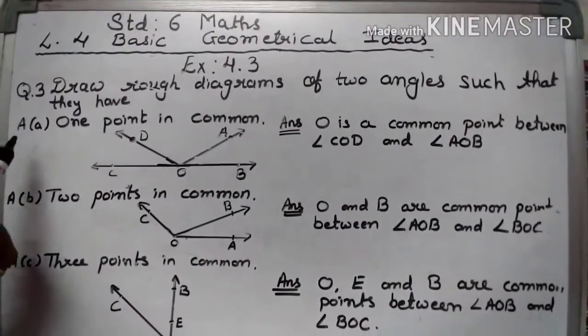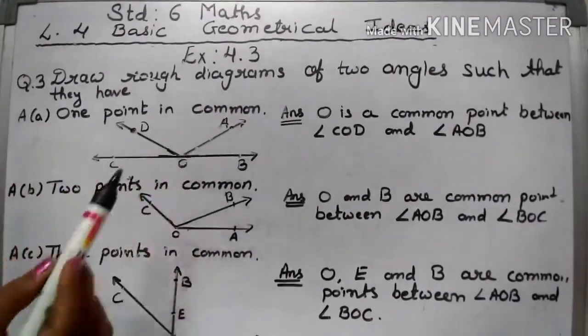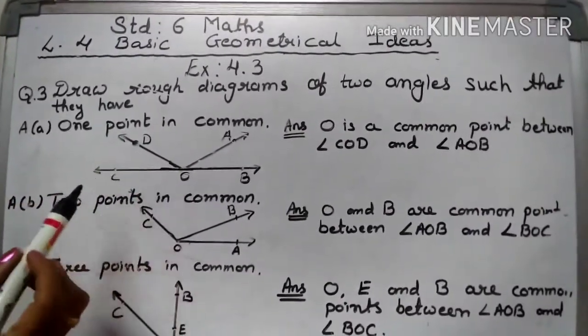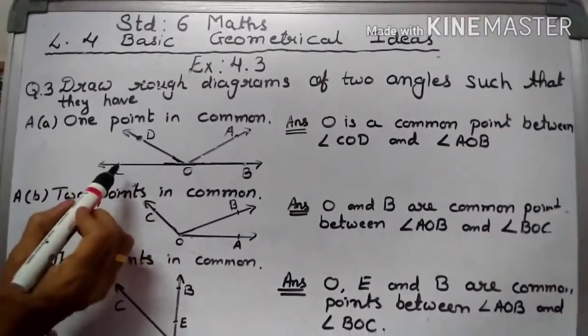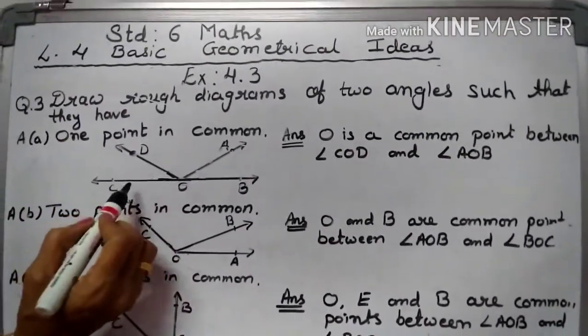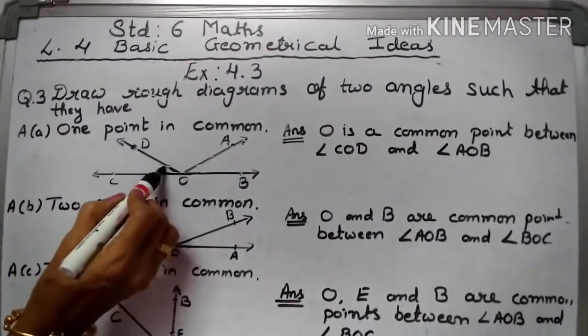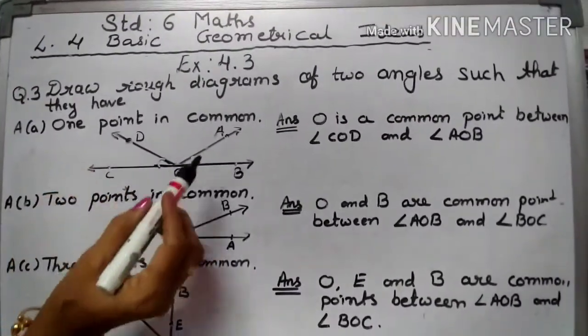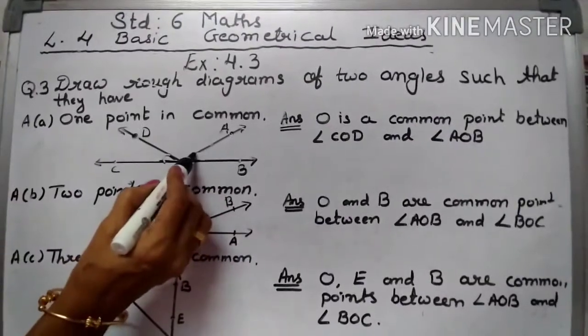Now first one, 1 point in common. Here I have drawn a rough diagram of two angles. Here is your angle COD. Look here, I have drawn this angle. This is your angle COD and angle AOB means this angle.